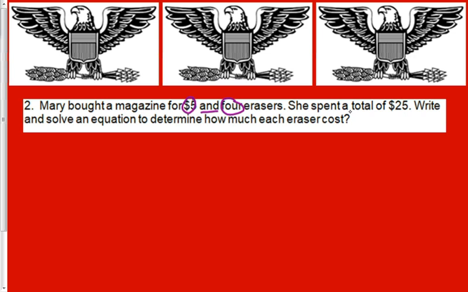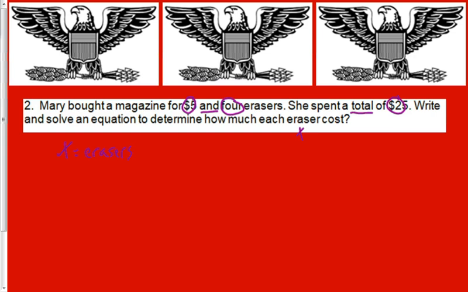She spent a total of $25. Write and solve an equation to determine how much each eraser costs. So we're trying to figure out based on what erasers cost. So let's say that's our x. So x is erasers.